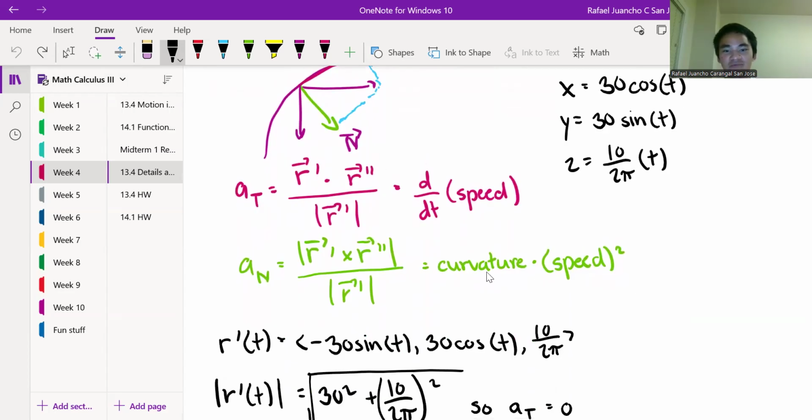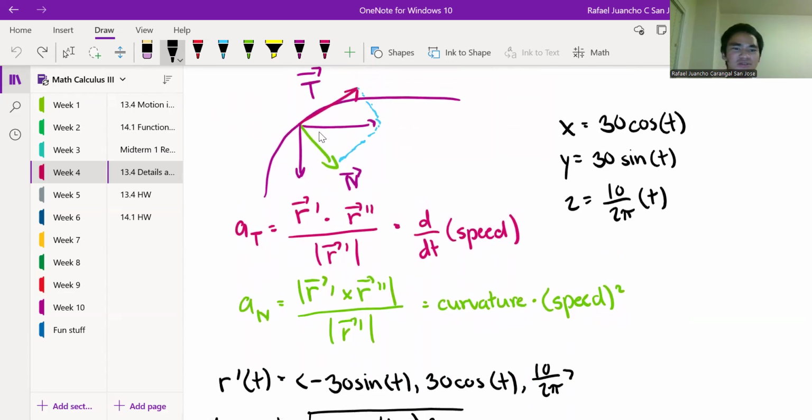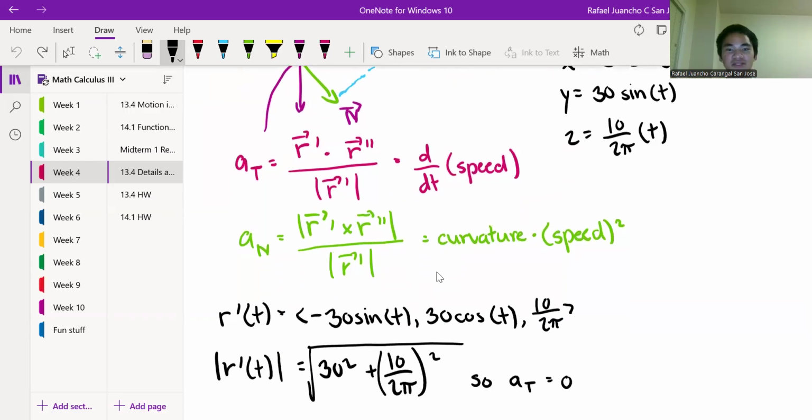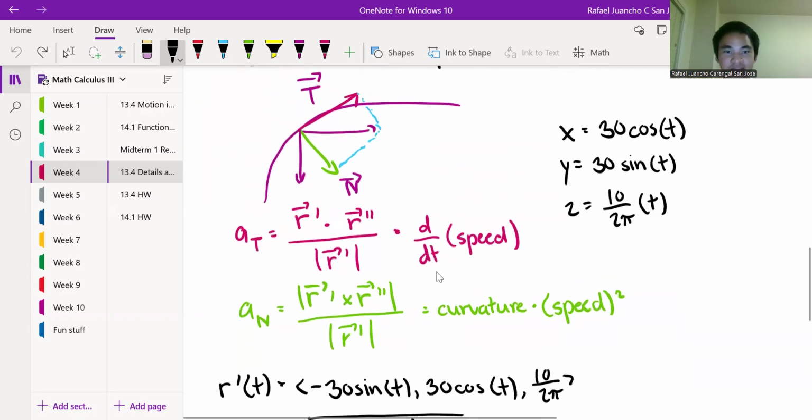So we square our speed, we multiply it by the curvature. Curvature tells us how much our particle is curving while it's moving. So the bigger the number, the more it's curving, right?